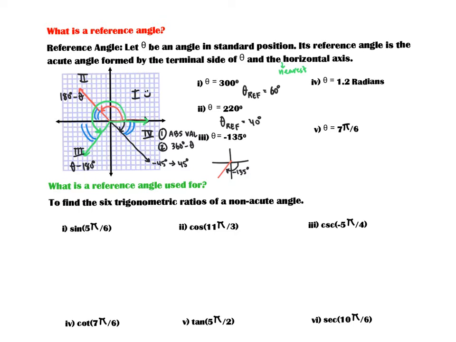What we can do is find a coterminal angle to negative 135, which would be a positive 225, which would be this angle of rotation. And now we're going to take 225 to find theta ref. To find our reference angle, this angle, we take 225 minus 180, which is 45.